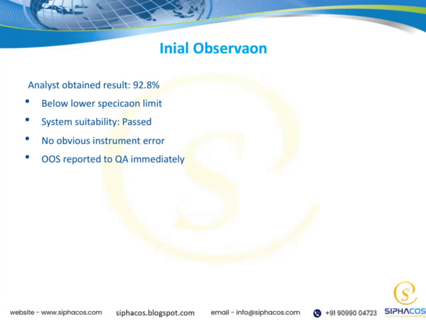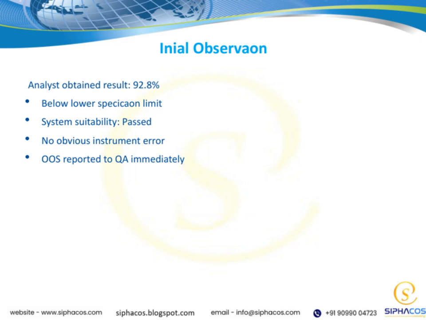Let's take a closer look at our initial observation. The analyst obtained a result of 92.8%. Now, this is an important figure because it falls below our lower specification limit, which indicates that the result is outside the acceptable range. Despite this, system suitability tests were passed, meaning the instrument was functioning correctly during the analysis.